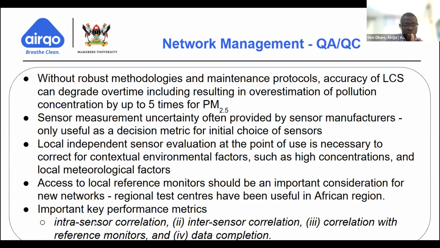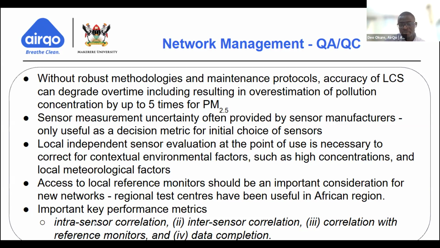So do we know that the sensors within the monitoring unit are actually agreeing? And secondly, if you have 10, 20 sensors, what's the correlation across the sensors? Even before we talk about the reference monitors, are the sensors agreeing? And thirdly, of course, correlation with the reference monitors. I do note that as well.